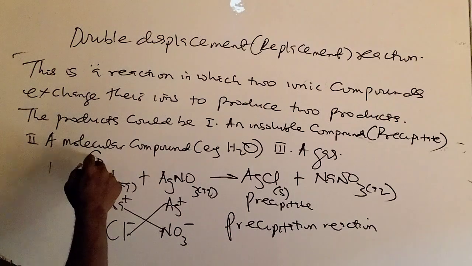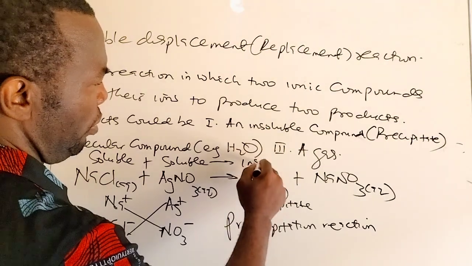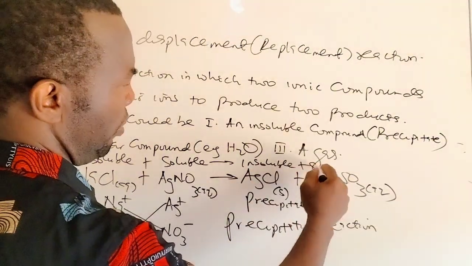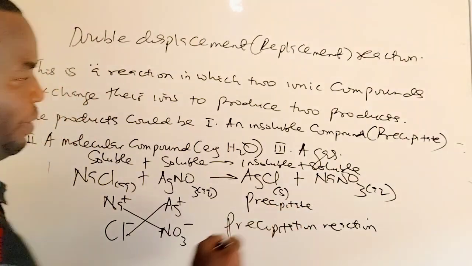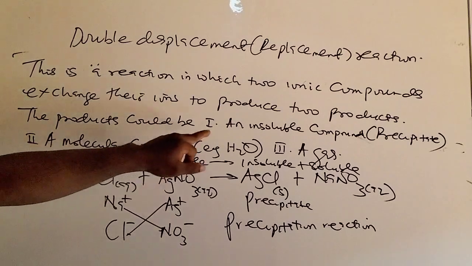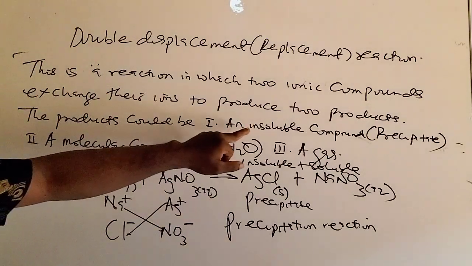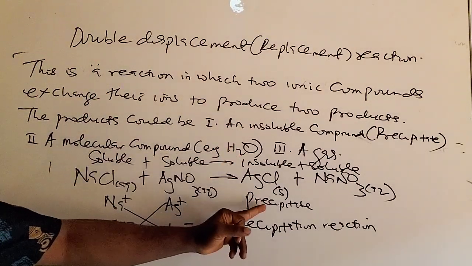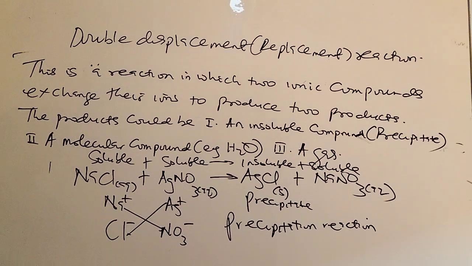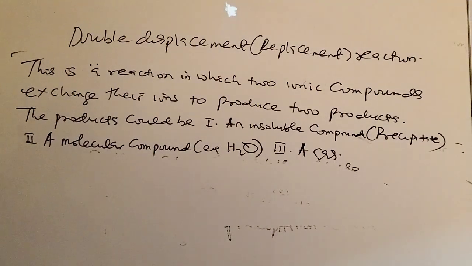So I say soluble plus soluble, producing insoluble plus soluble. The insoluble one formed is called a precipitate. So that is what is meant by a precipitation reaction, which is an example of double displacement reaction. That explains formation of an insoluble product. So double displacement reaction can lead to formation of an insoluble compound, and that insoluble compound formed in that reaction is called a precipitate.